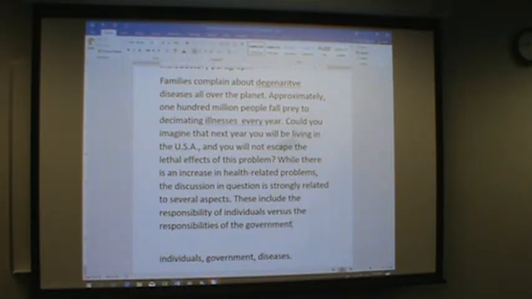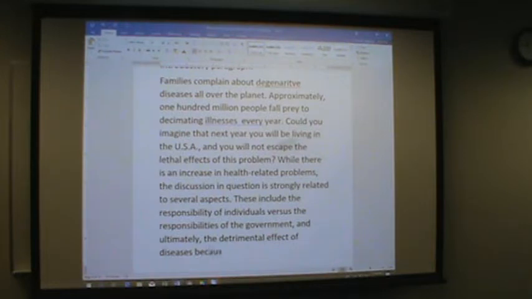Item number 2, okay? And ultimately, comma, this is prevention. Exactly, okay? I would say medicine prevention. Detrimental, no, we chose diseases, we have to stay with that one. The detrimental effect of diseases because no one is really caring.